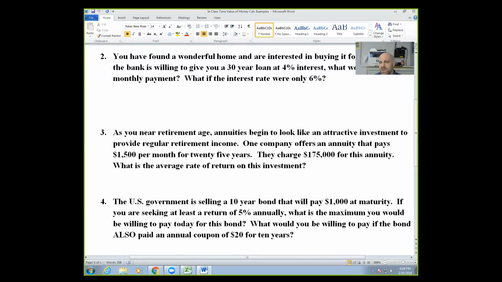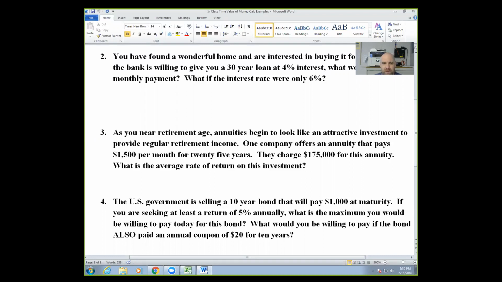Instead of keeping money in an account that's earning interest over a period of time, with an annuity you give them a large amount of money at the beginning, and then they calculate a return, and they pay you out the same amount every month for a certain period of time.